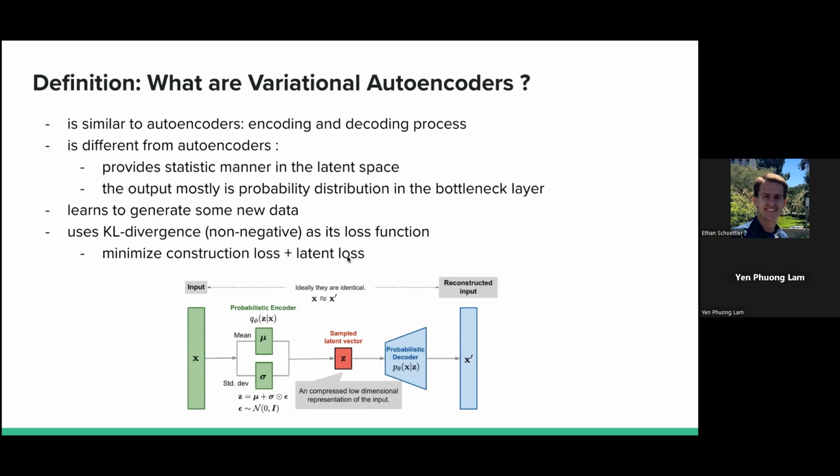Instead of an encoding process, it has a probabilistic encoder.